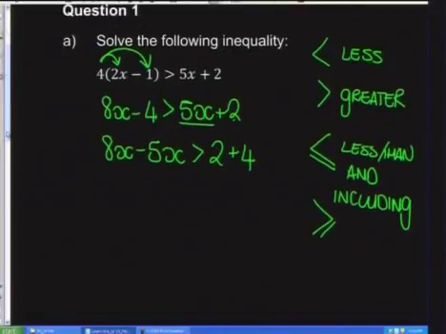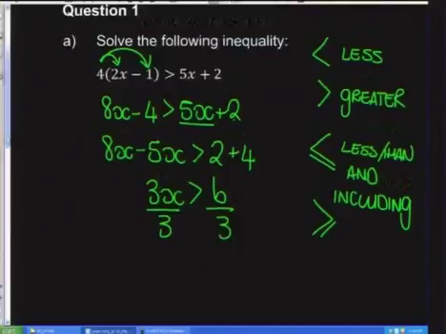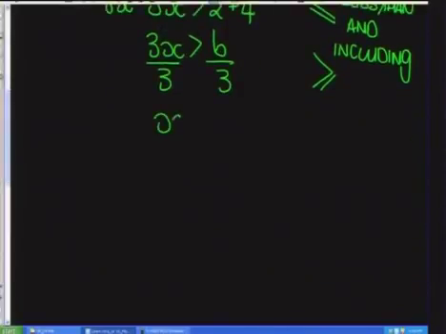So what have I got? I've got 8 minus 5, which is giving me 3x, and I've got 2 plus 4, which is giving me 6. And just like an equation, we divide by 3 on each side, and we get a solution here, which is x is greater than 6.